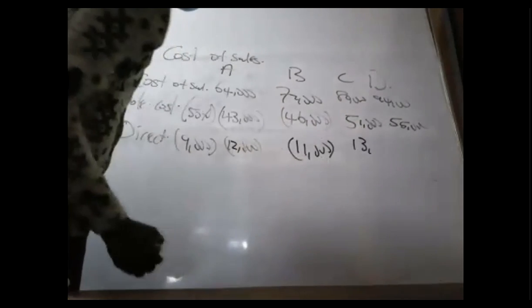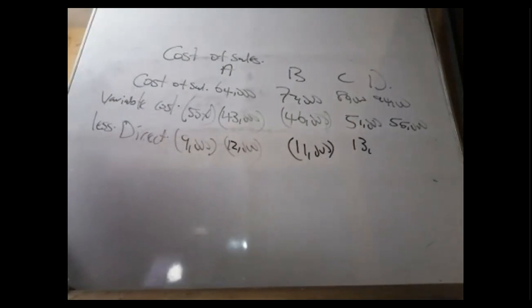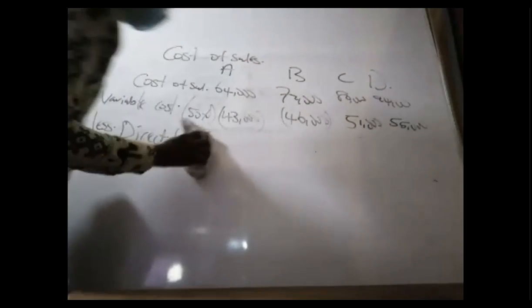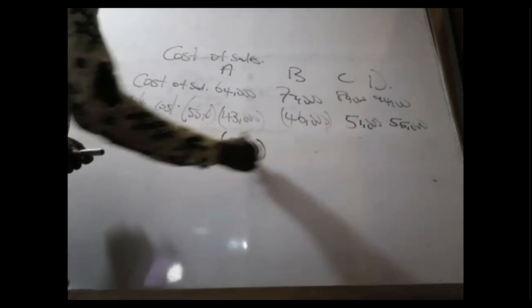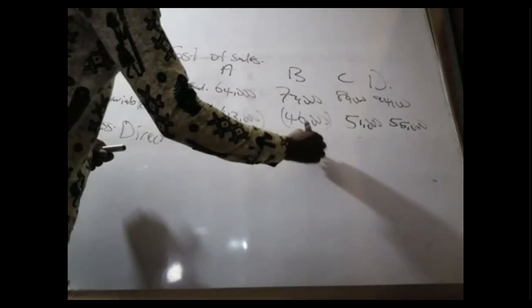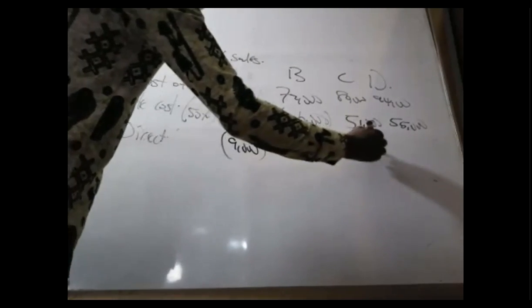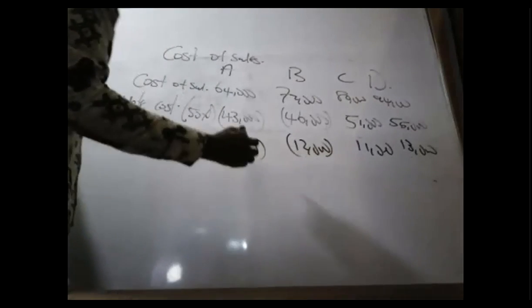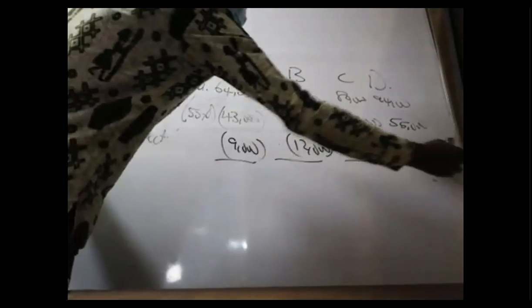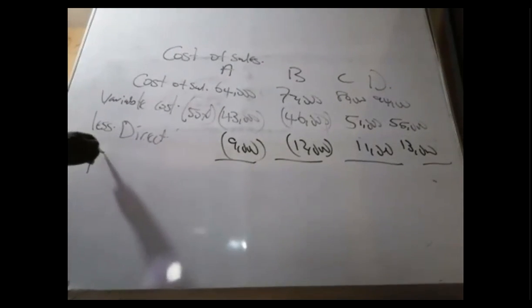Then 13,000. Oh, I've shifted them here. So 9,000, 12,000, 11,000, and 13,000.